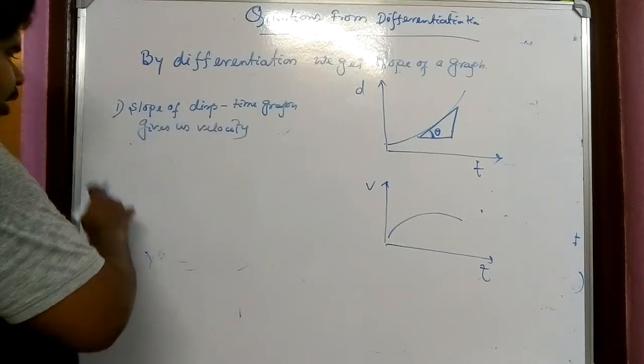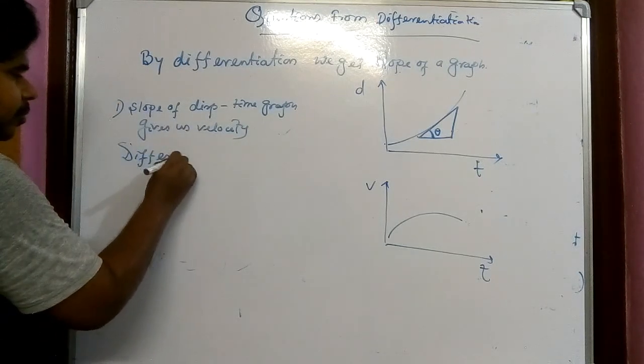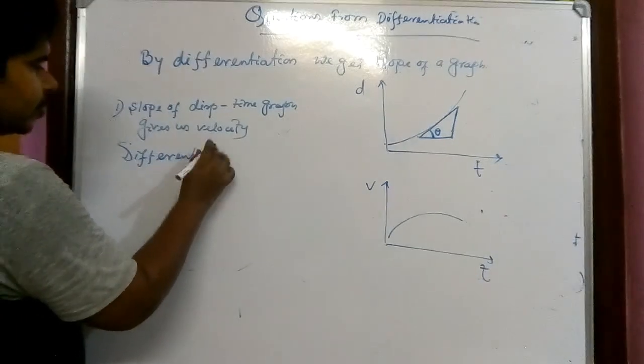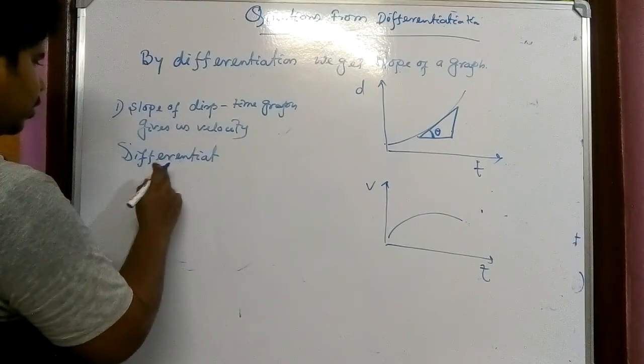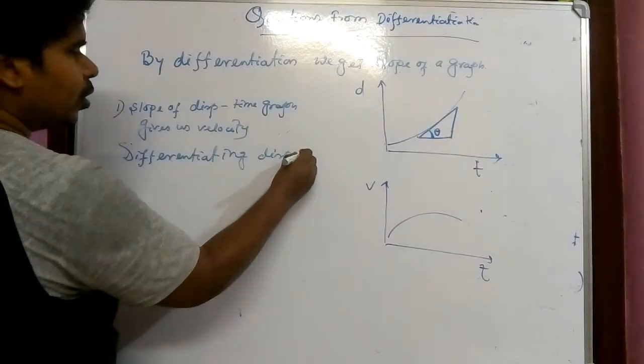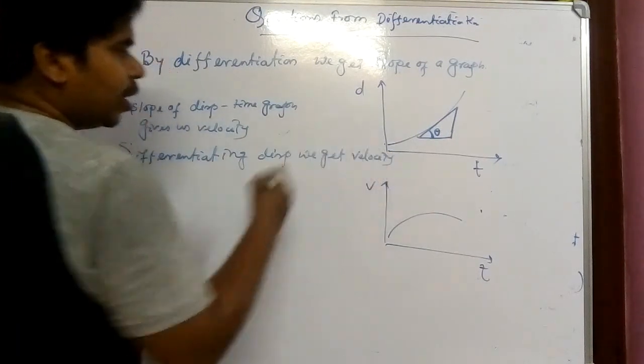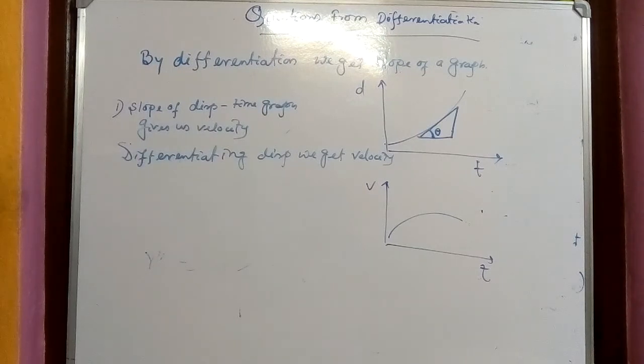So differentiating displacement, we get velocity. Now let's see one example, then it will be very easy for us to find the velocity from the displacement.